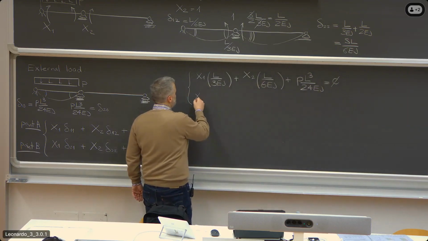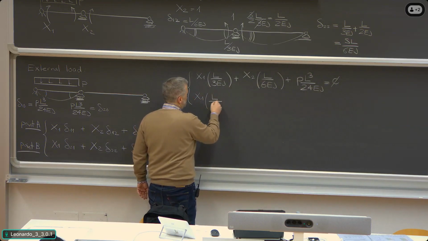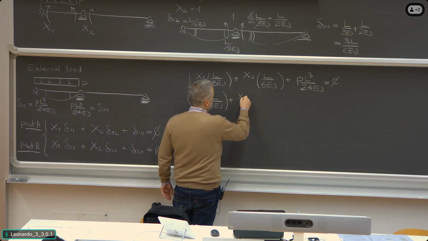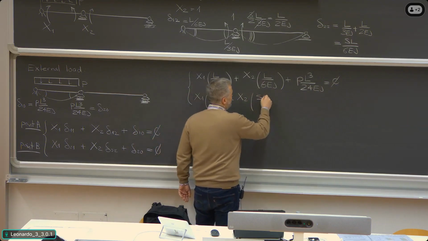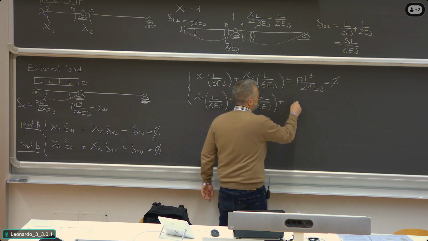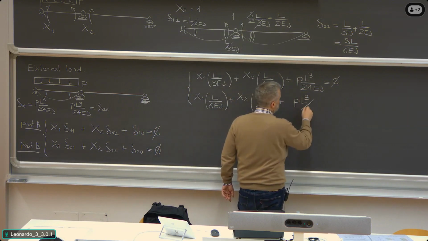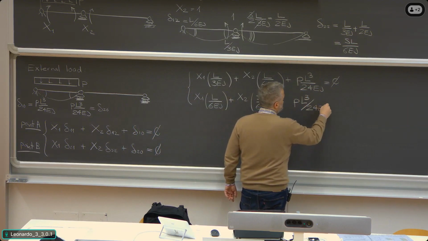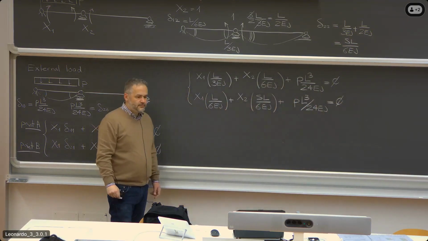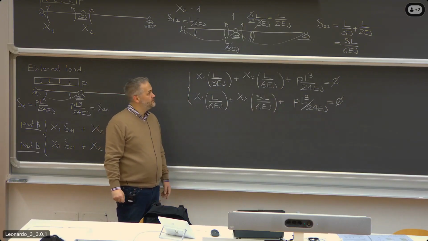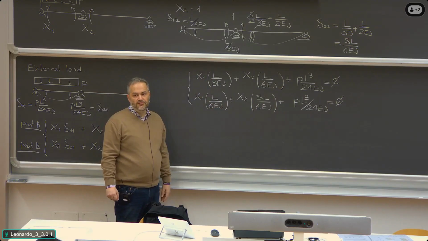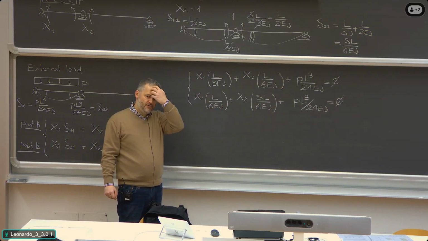The second one is x1 L divided by 6EJ plus x2 multiplied by 5L divided by 6EJ plus PL to the power of 3 divided by 24EJ equal 0. Okay? Compare all the coefficients with what we wrote before, and you will see that there is perfect coincidence.